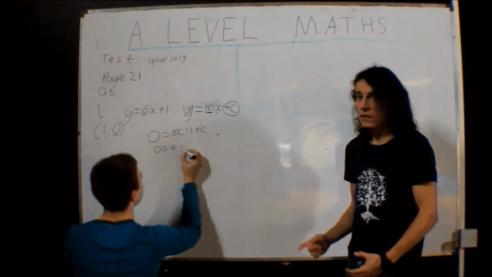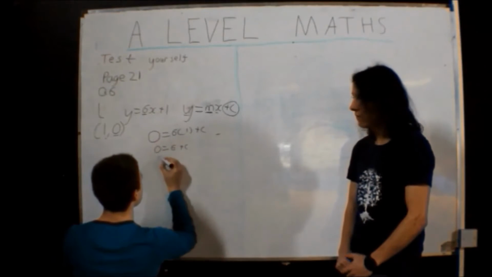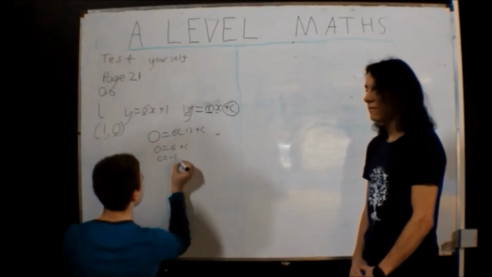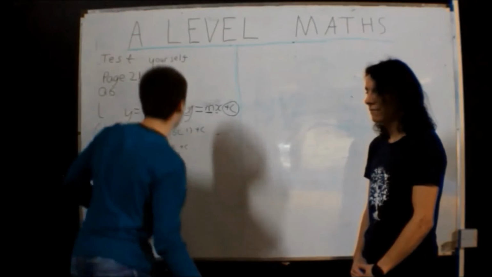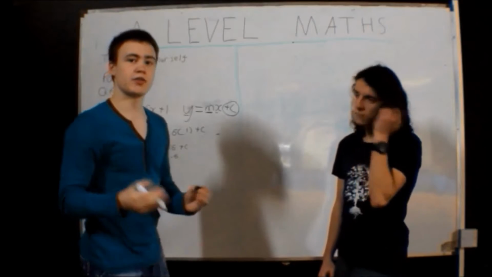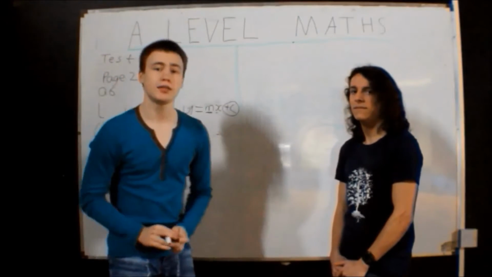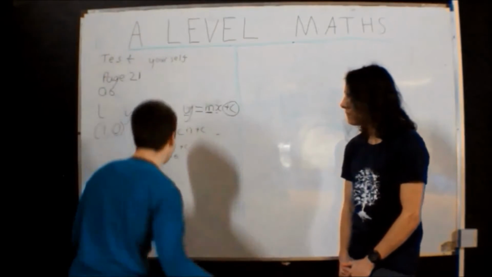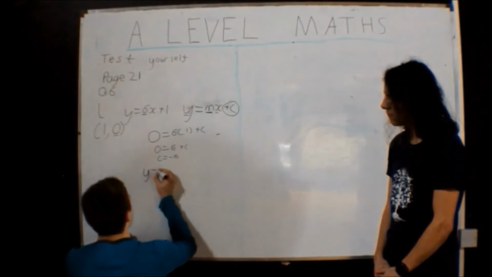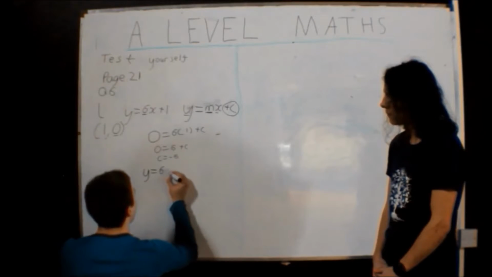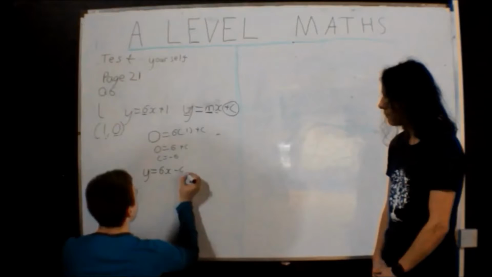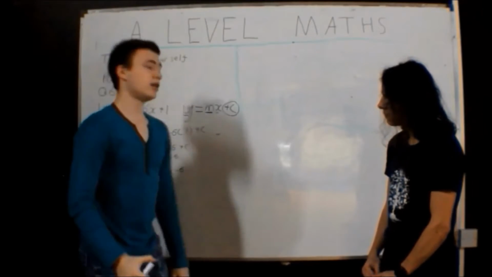So then we find what c is, we're taking away 6 from both sides, and that makes 6 equal to minus c. So now let's write out the equation of the line we found in the form y equals mx plus c. Y equals 6x minus 6. It's as simple as that.